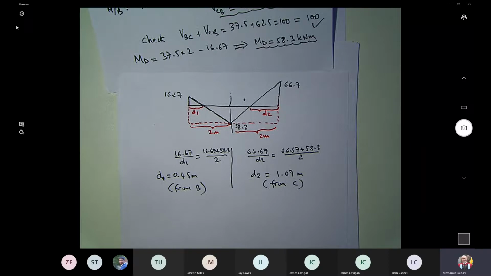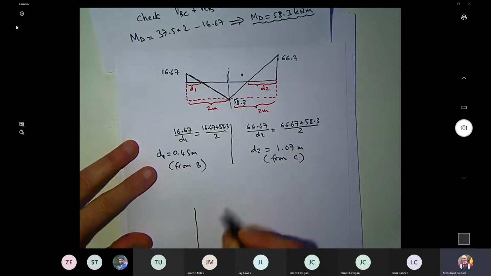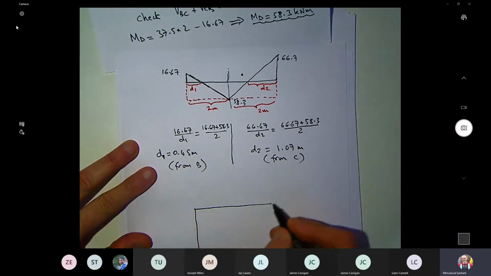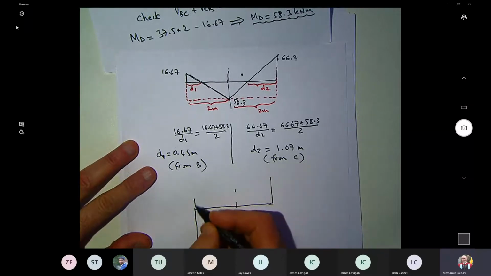Any questions? Anything at all? Anything whatsoever, please? Anything not clear? Okay. I mean, I can now complete it by drawing the fully annotated bending moment diagram with all the values.